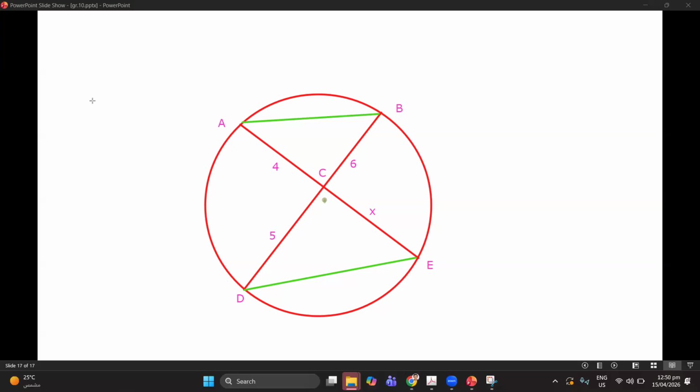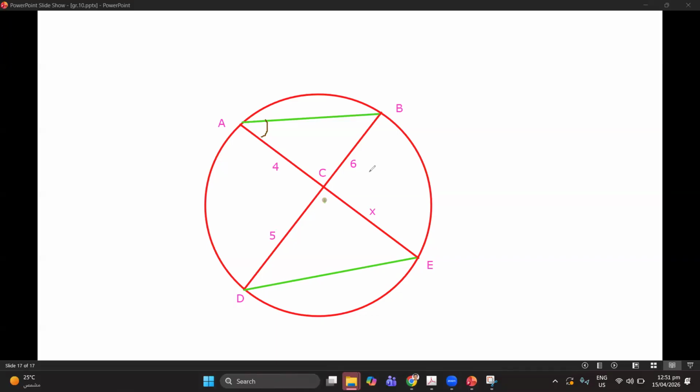Do you remember, if I ask you what is the measure of an inscribed angle A? It's half of arc BE. Or angle D, it's half of BE. So they are equal.